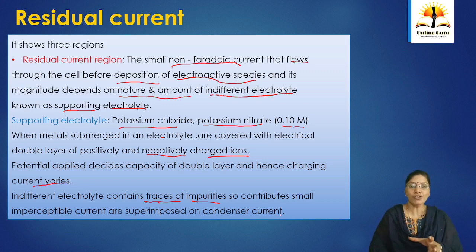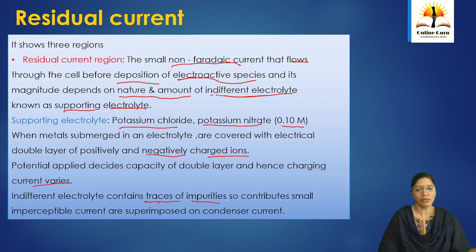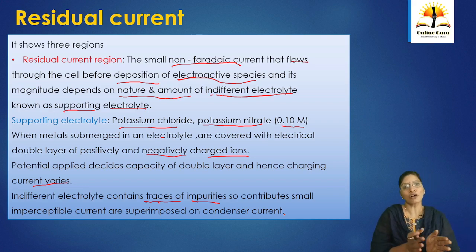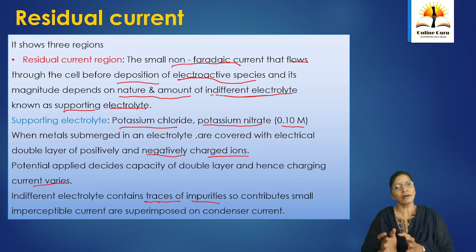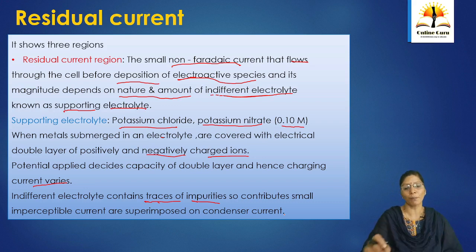It is a combination of a non-Faradic process with the condensing of the electrode surface by the supporting electrolyte. Okay, so this is the first section of our polarograph which talks about the residual current region. That focuses on the use of supporting electrolyte and how it plays an important role in the analysis.